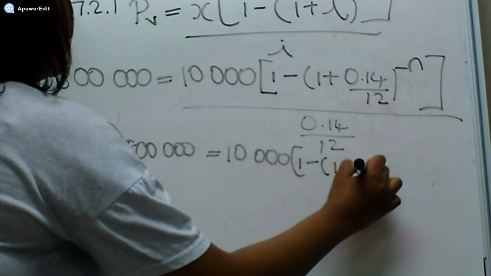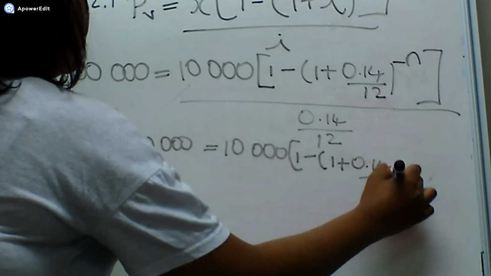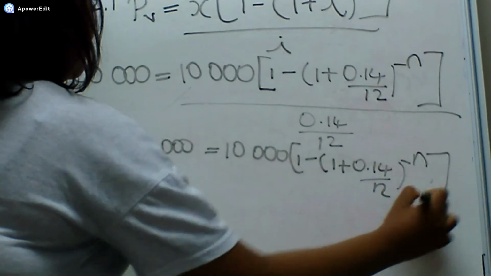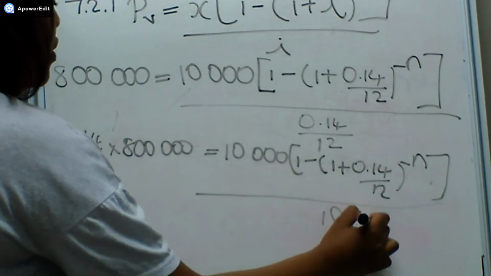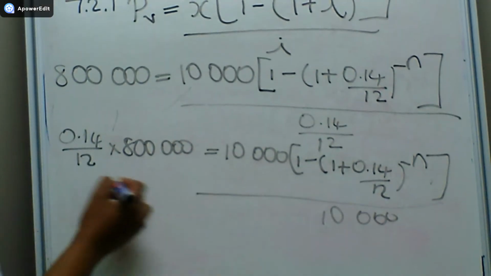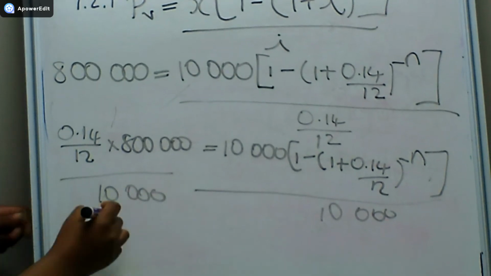So basically what's left for you to do here is to just sort this out. What I've done is I first cross multiplied the 0.14 over 12 with 800,000. As you can see, guys, I am just doing that.